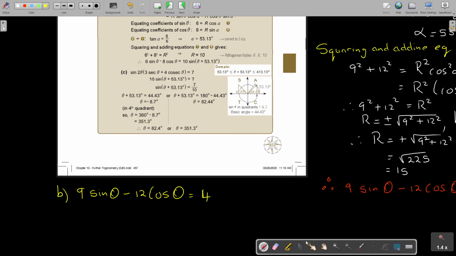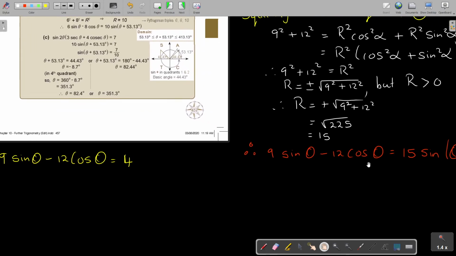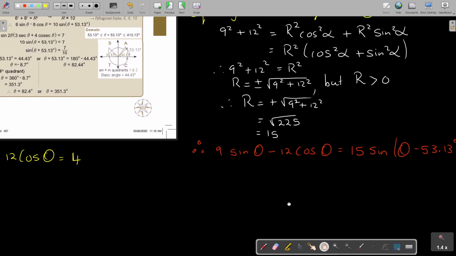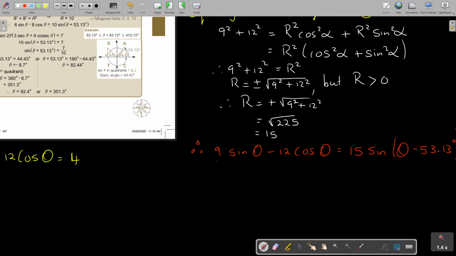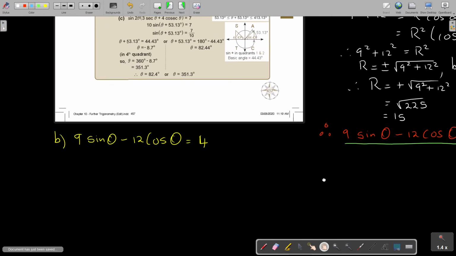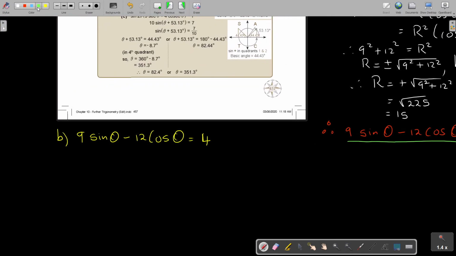So now, because I know of this statement, I can now basically say, do you see here? This is equal to this. Okay? So in the place of this green, I can write now that, so therefore, due to the top statement, I can say 15 sin theta minus, I'm substituting the R value and the acute angle.